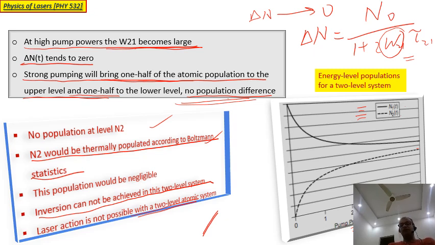So this is how we studied the rate equation for a two-level system, which does not exist, but we start from a simple one. Okay, so we'll continue the rate equation for 3 and 4 level lasers in upcoming lectures.